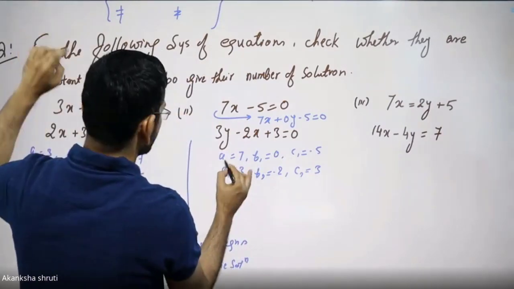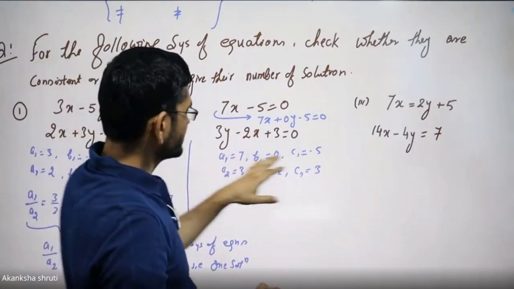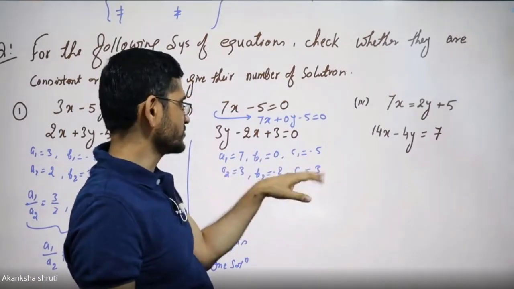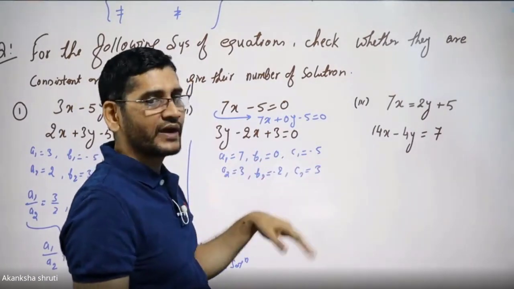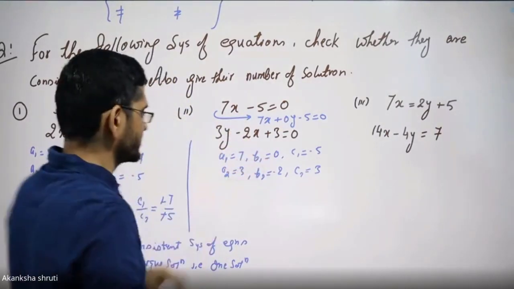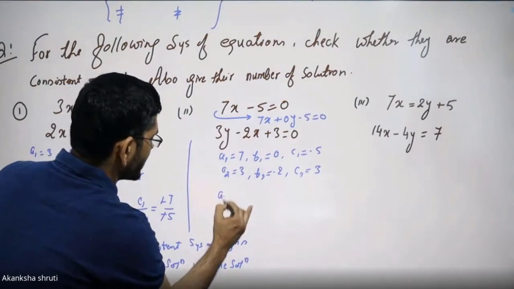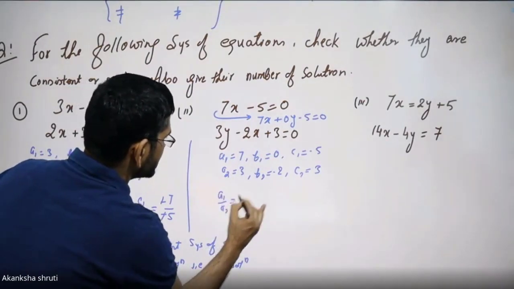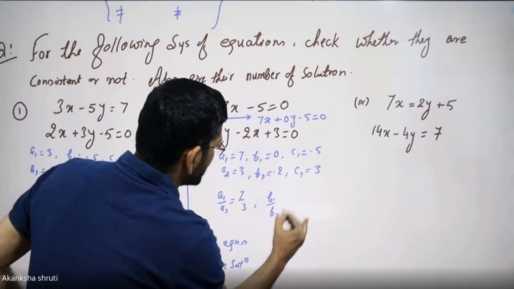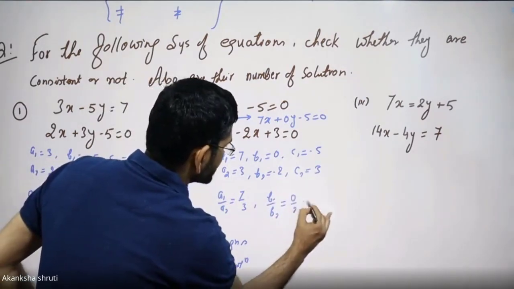So students, when you start, write A1, A2, B1, B2, C1, C2 separately, but later on, by practice, you can directly observe the ratio or directly write the ratio itself. So here we are observing A1 by A2, this is our 7 by 3, but B1 by B2, this is our 0 by 2, means it is our 0.